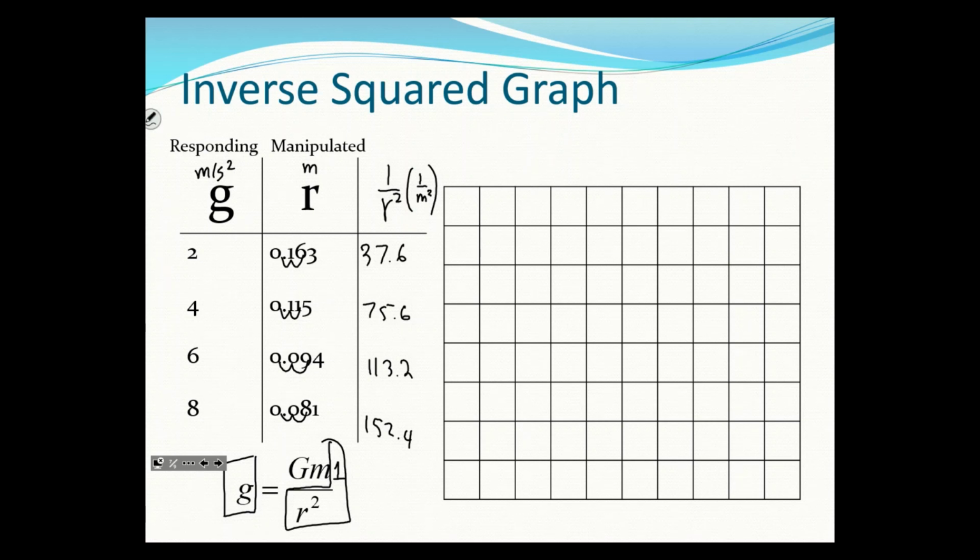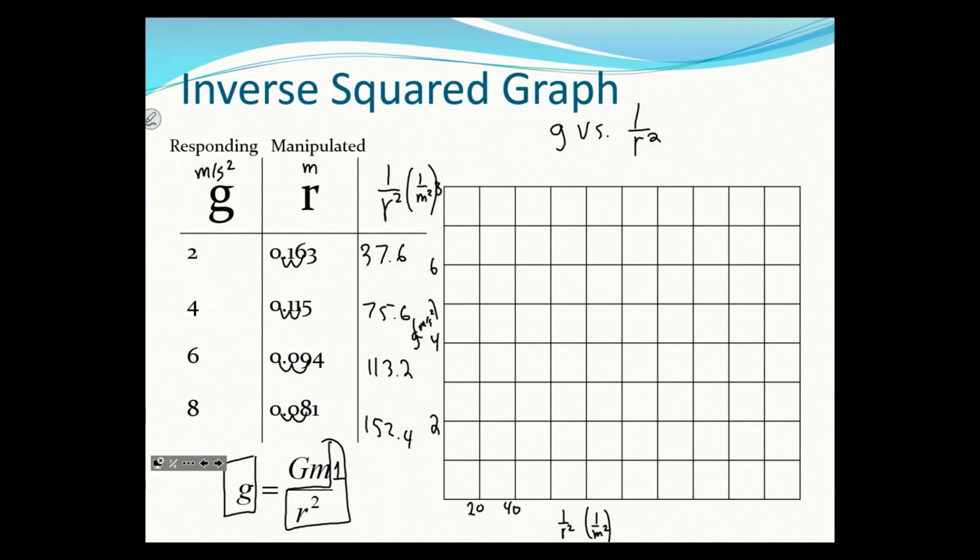So now I'm going to make a G in meters per second squared, and those all stay the same, versus 1 over r squared, and that's going to be in 1 over meters squared. So I get G versus 1 over r squared. That's my graph title. And I got to go up to 152, so I'll go by 20s.